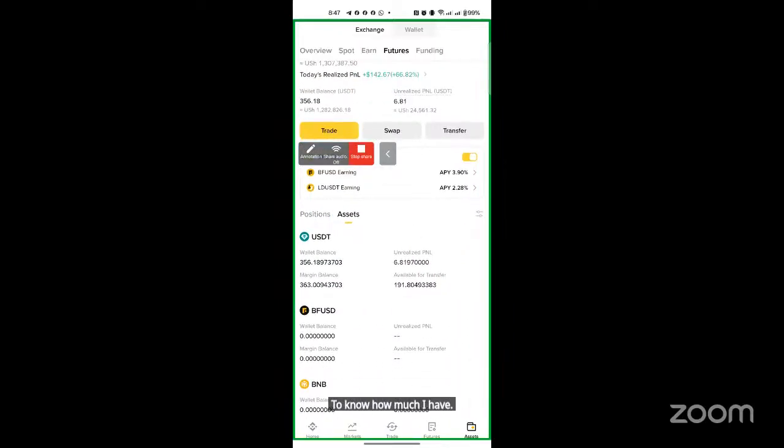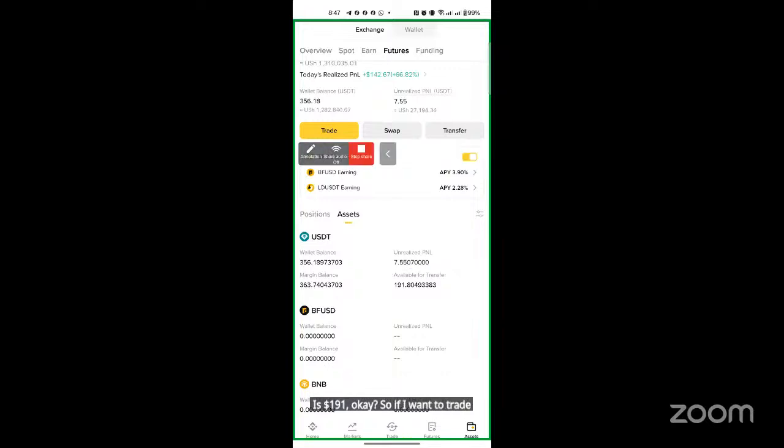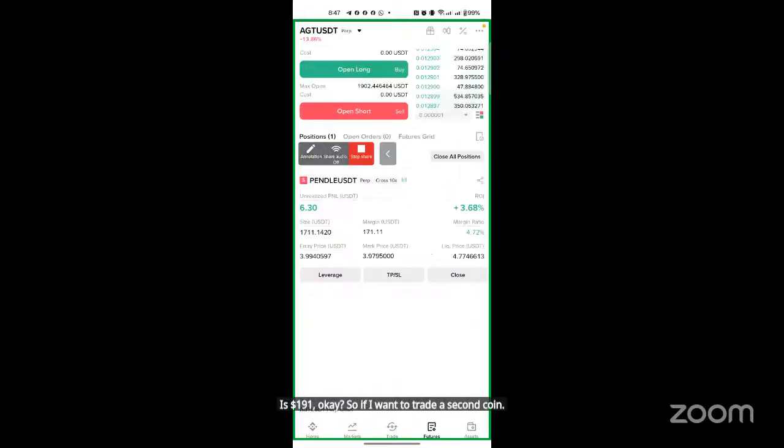I have a balance of $191. Can you all see that? When I open my asset, my available transfer is $191, okay? So if I want to trade a second coin, I'll tap on futures.